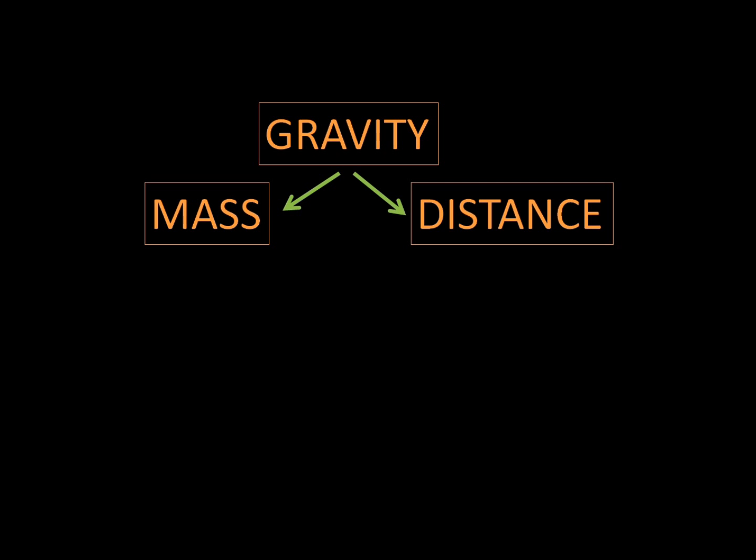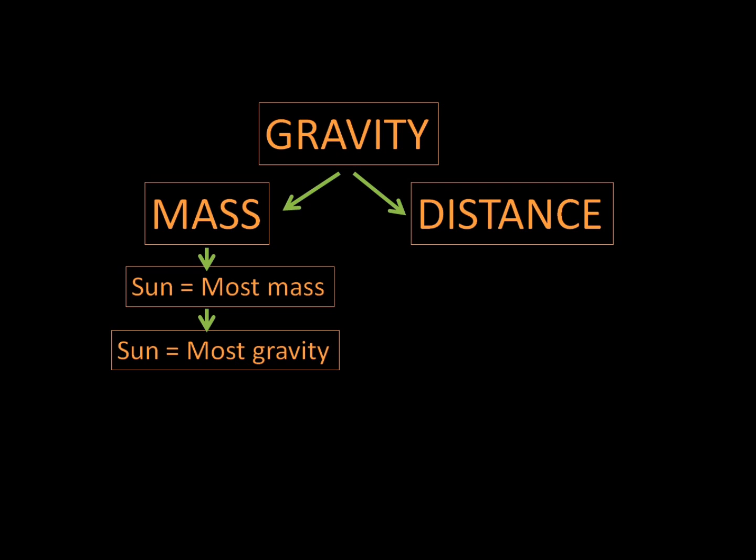Okay, let's review. The pull of gravity depends on two things, mass and distance. The more mass an object has, the stronger its gravity will be. The Sun is the most massive object in the solar system, so its gravity is much stronger than anything else.